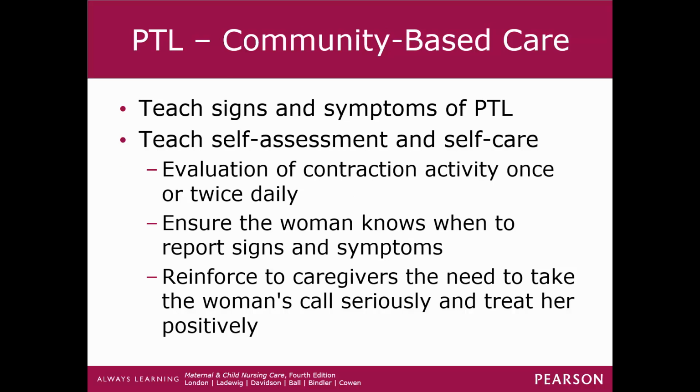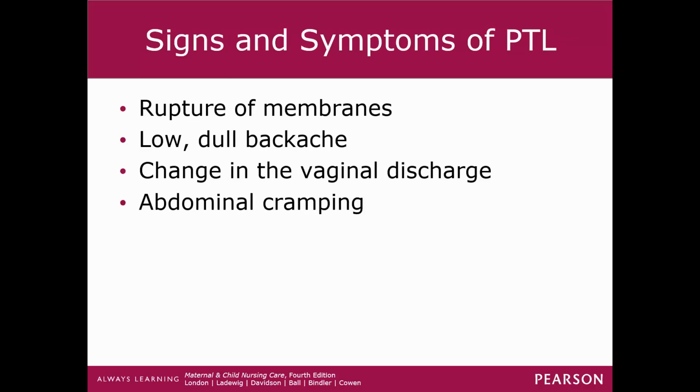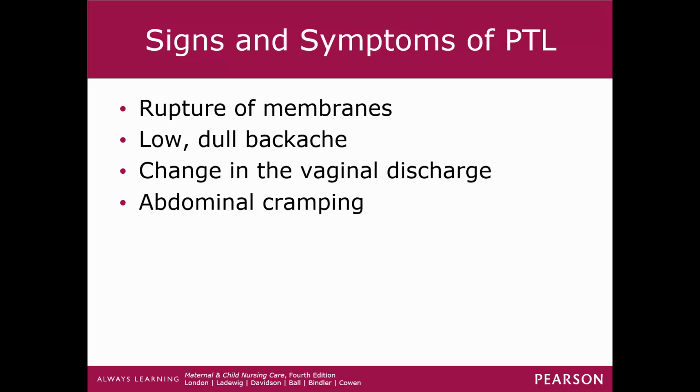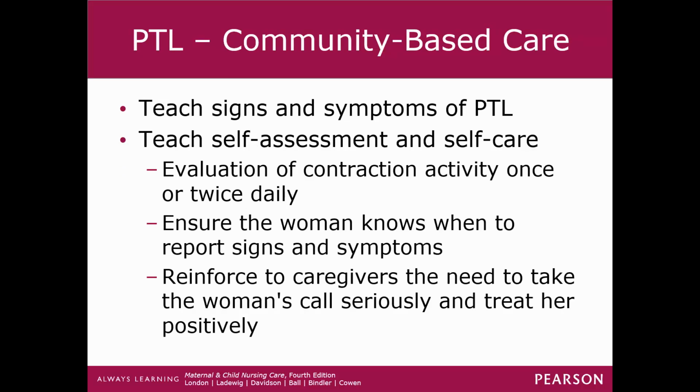So some of these things could be complaints that your patient presents with every time they come in for a prenatal visit. Doesn't necessarily mean that they are in preterm labor. However, because these signs can be so common in pregnancy, many nurses or even physicians will overlook these and miss that these are actual signs of preterm labor, which we want to intervene with.